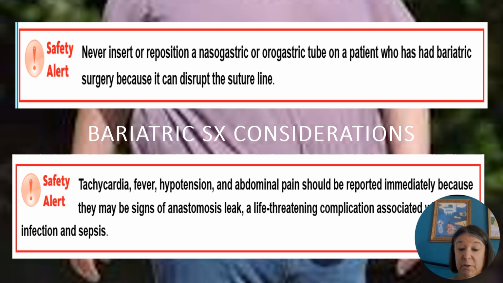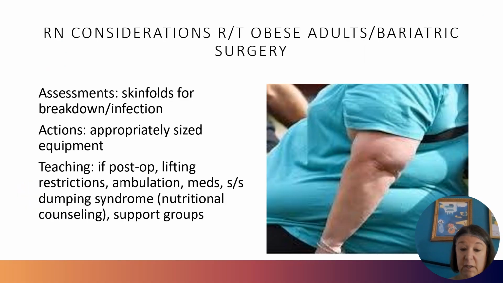Tachycardia, fever, hypotension, and abdominal pain should be reported immediately because they may be signs and symptoms of an anastomosis leak, a life-threatening complication associated with infection and sepsis. So it's almost like a perforation, except that it's tiny little leaks, right? So again, that gastric content or that bowel content is leaking into the system where it never should be, right?